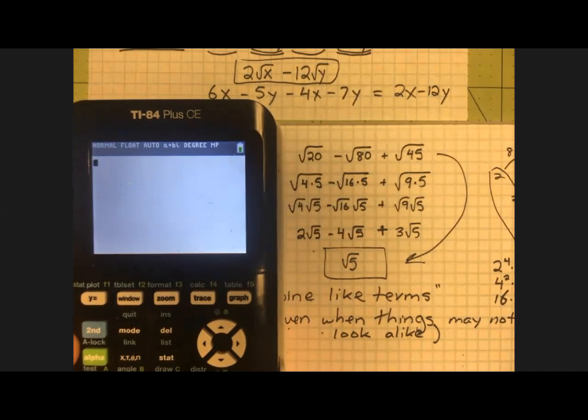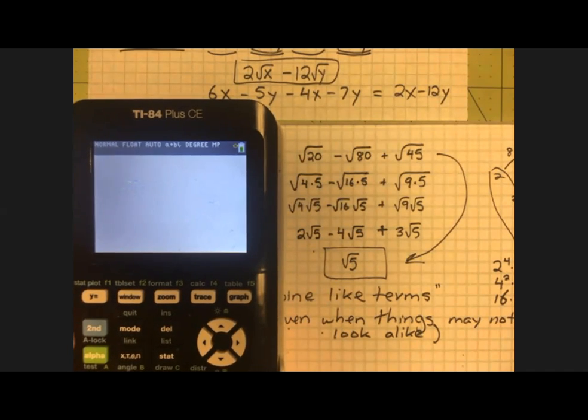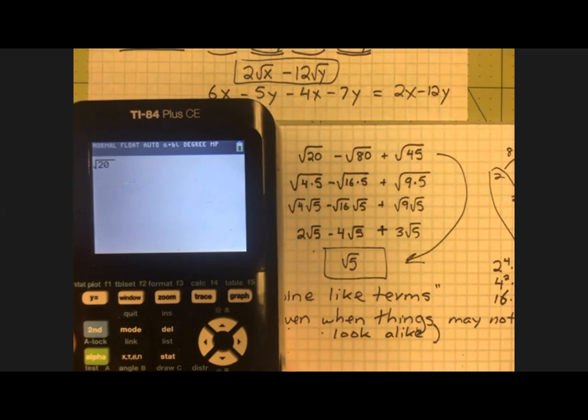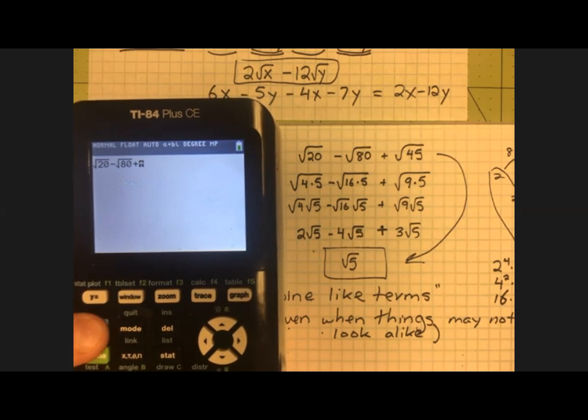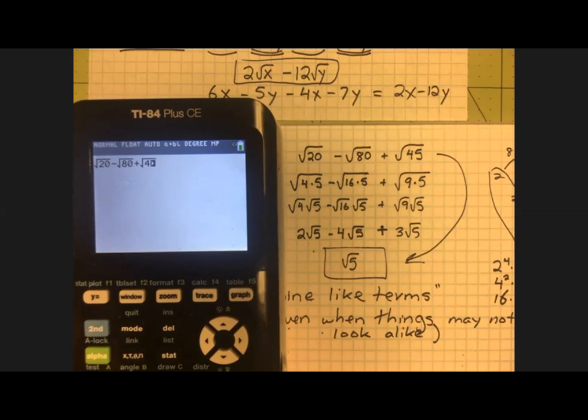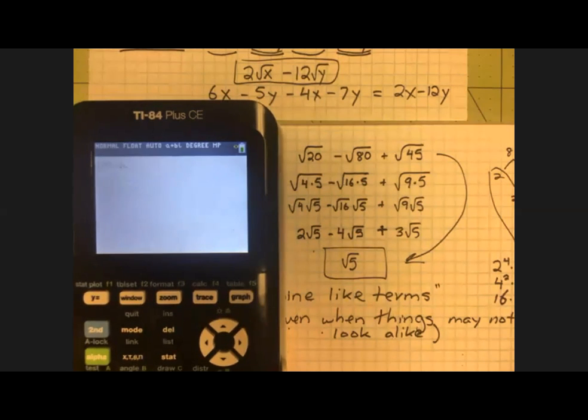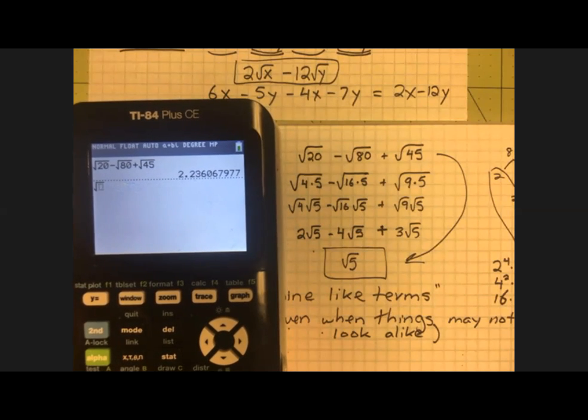So if I take the square root of 20 minus the square root of 80 plus the square root of 45, this is what I get. And if I compare that to the square root of 5, I'm hoping it's exactly the same.